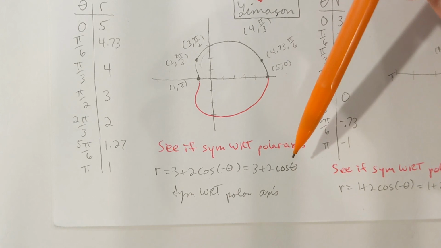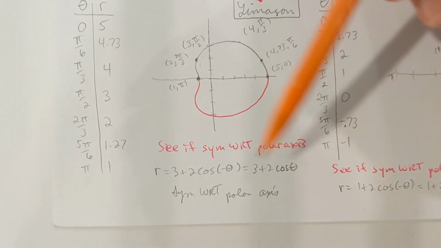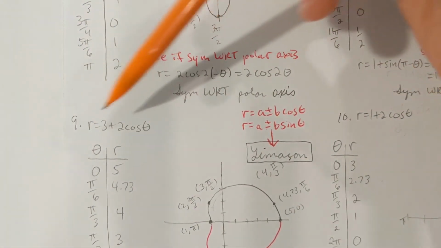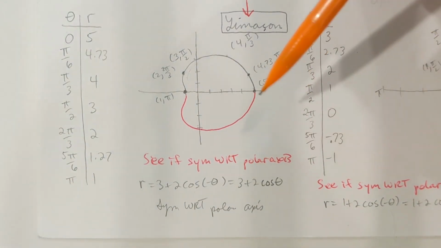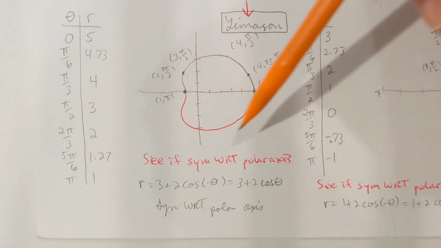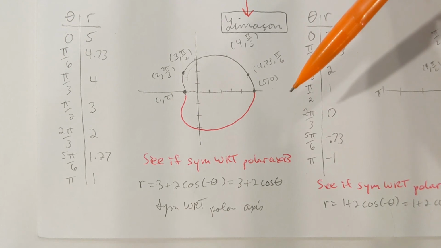Cosine of negative theta is the same as cosine theta, right? Because cosine is an even function. So I'm looking at r equals 3 plus 2 cosine theta. That was what we had originally there. And so this calculation tells me that the graph is symmetric to the polar axis. So all these points can be reflected about the x-axis to finish the graph.